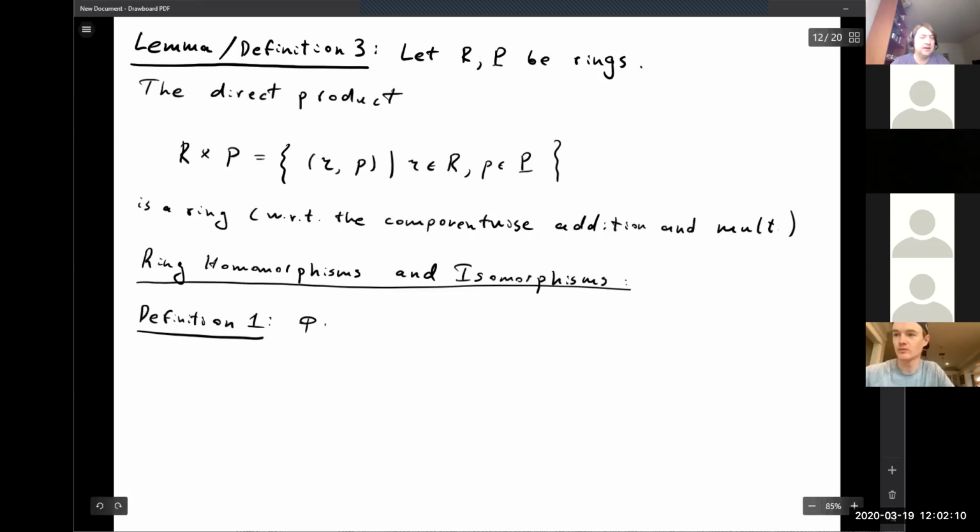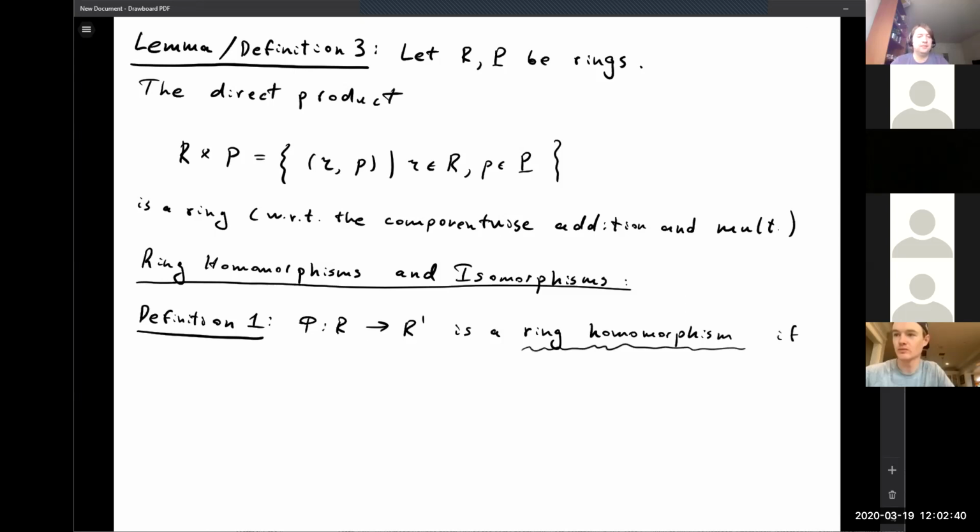And we say that phi, a function from R to R prime, is a ring homomorphism if it satisfies the homomorphism property with respect to both binary operations.